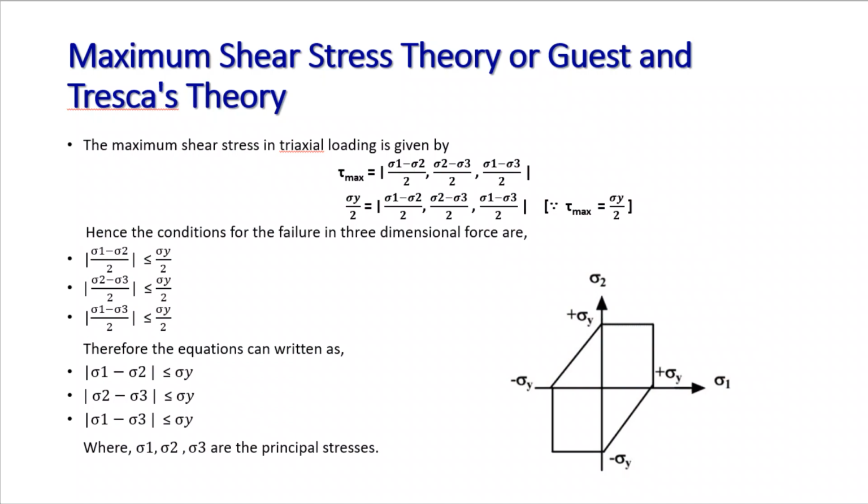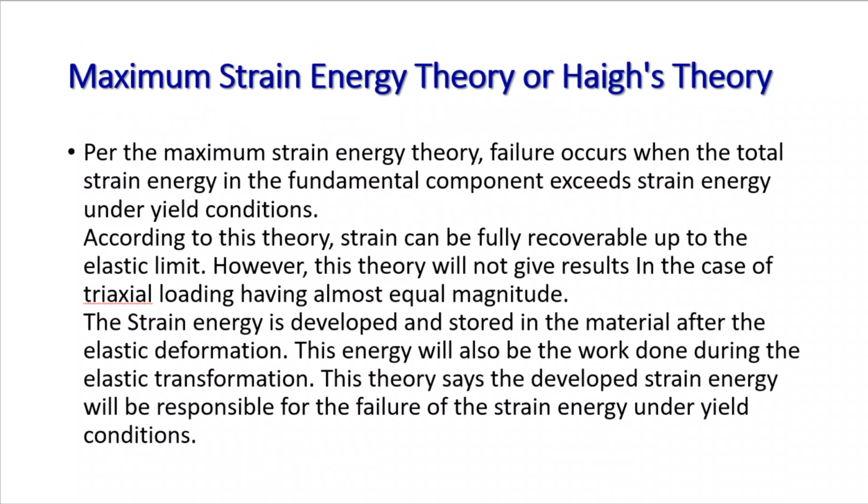All these are the conditions of failure in three-dimensional loading, like triaxial loading. It is simplified like this. When you plot it for 3D where sigma 3 is 0, you can represent it in 2D form, like this is the failure plane when you consider it in a plot.